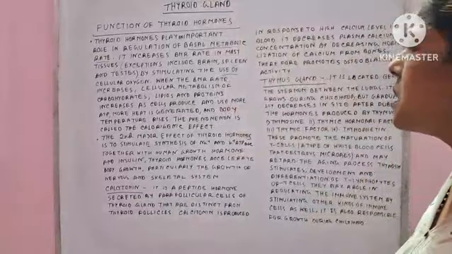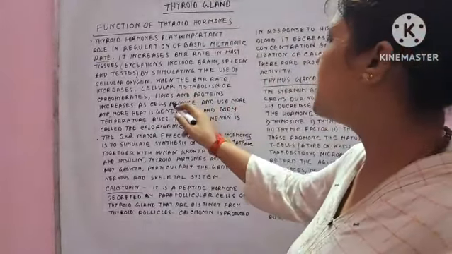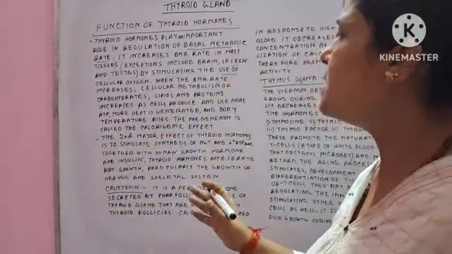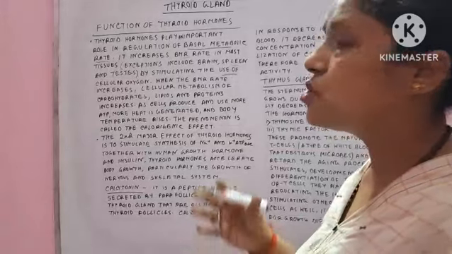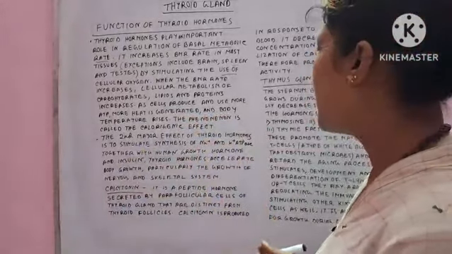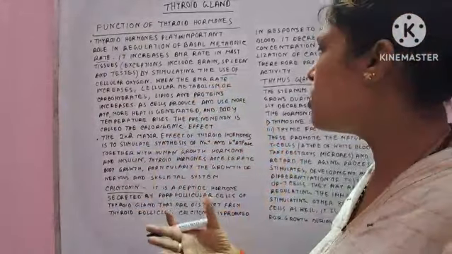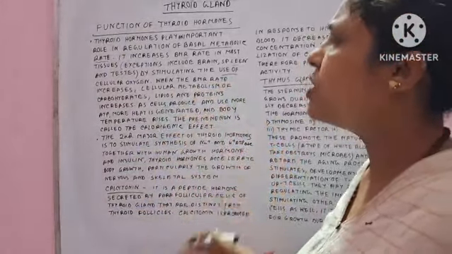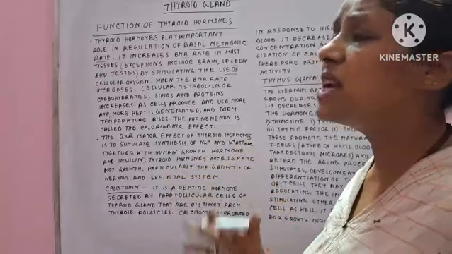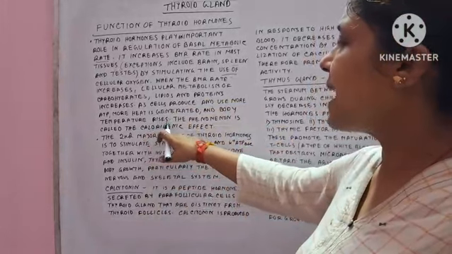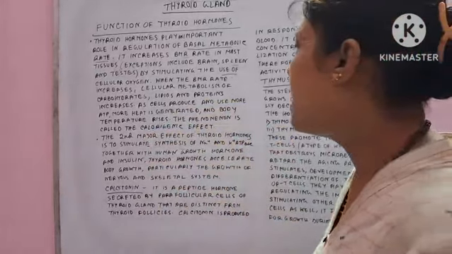So when the cells produce and use more ATP, more heat is generated, and that's why the body temperature rises. This situation, when the body temperature becomes higher within the body, is called the calorigenic effect.